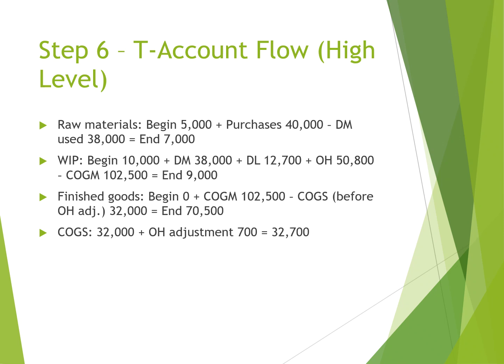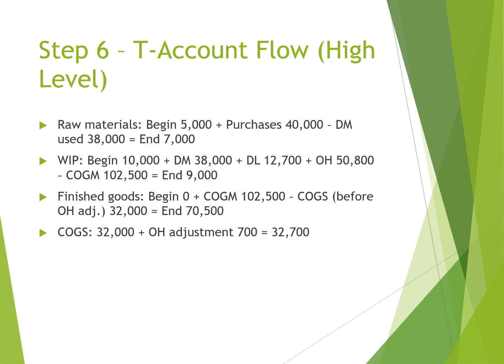Finished goods starts at 0, receives the COGM of $102,500, and then we remove $32,000 when job J101 is sold. So ending finished goods is $70,500, which is the combined cost of jobs J102 and J103.